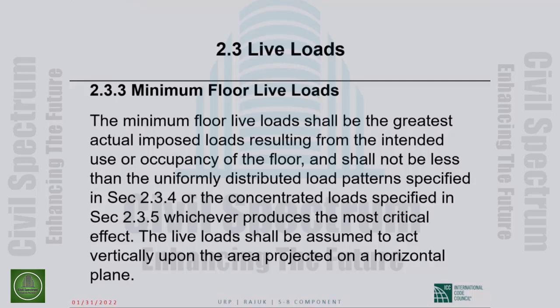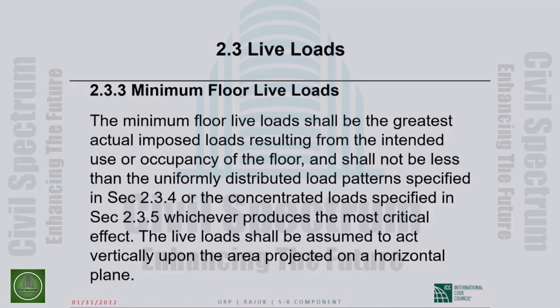So maybe it may not be a bad idea to read. The minimum floor live load shall be the greatest actual imposed loads resulting from the intended use or occupancy of the floor. Okay, so theoretically, whatever will be imposed is what you design for, but you shall not go below what is given in the table.